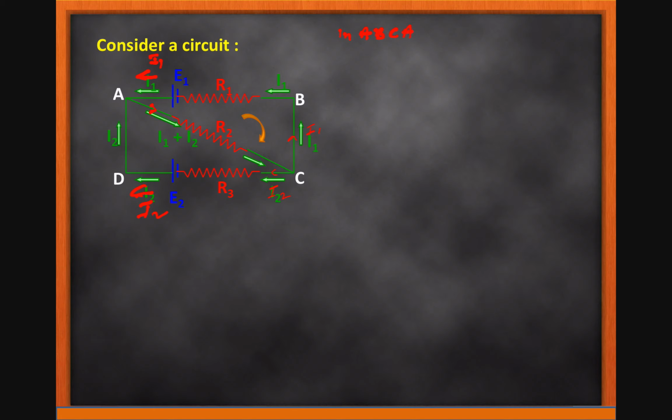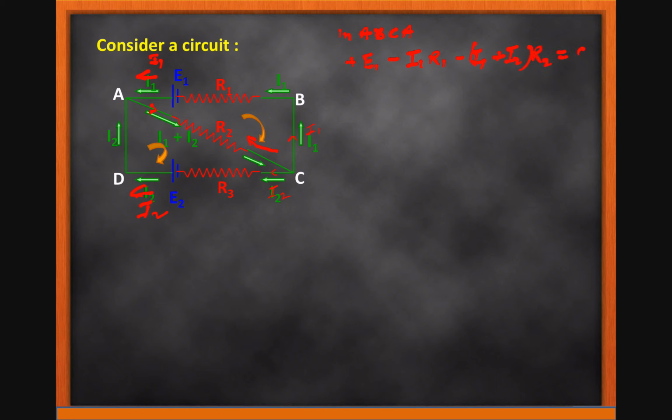For this loop, if we move in this direction, here the positive terminal of E comes first, then I1 R1 is reversing, so here minus I1 R1, and we are moving against the current here, so it should be minus I1 plus I2 times R2.